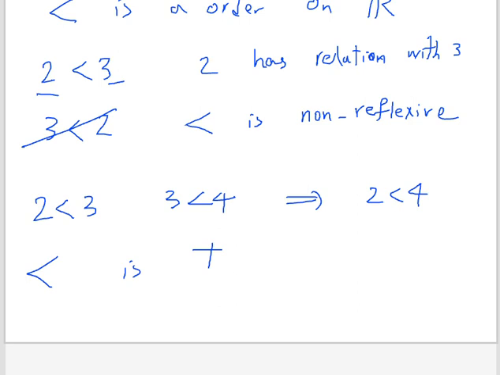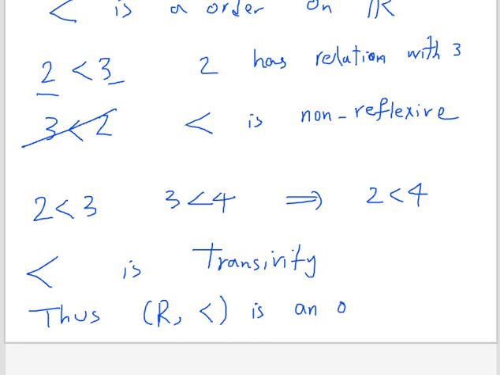Thus, R and this relation less than is an ordered set. Okay, and this is an order on R.